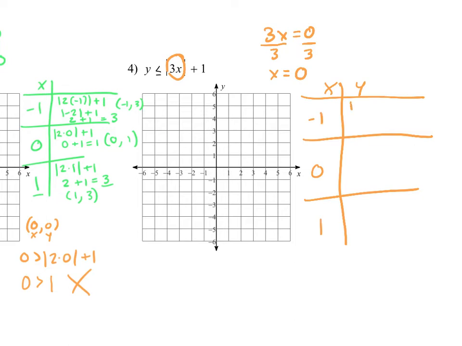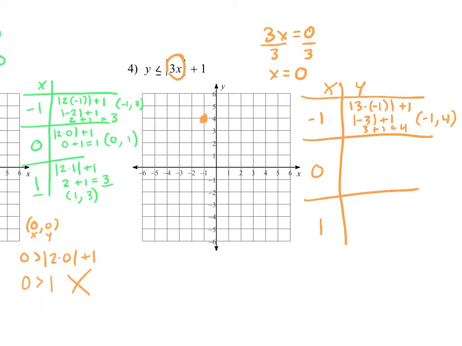So the absolute value of 3 times -1 plus 1. 3 times -1 is -3. The absolute value of -3 is +3, and +3 plus 1 is 4. So our point here would be -1, 4. So we go to the left 1 and up 4.